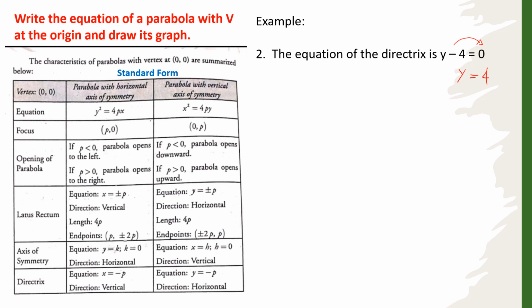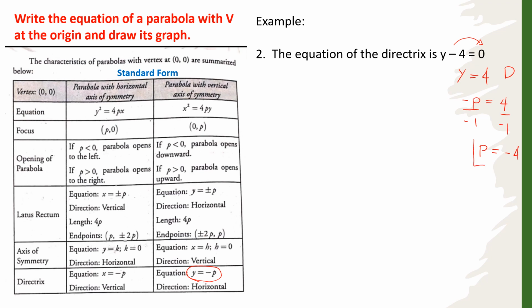And since y is equal to 4, from our pattern, it's y equals negative p. Okay? Meaning, if y is 4 and negative p is equal to 4, so negative p is equal to 4, divide the equation by negative 1, p therefore is negative 4.